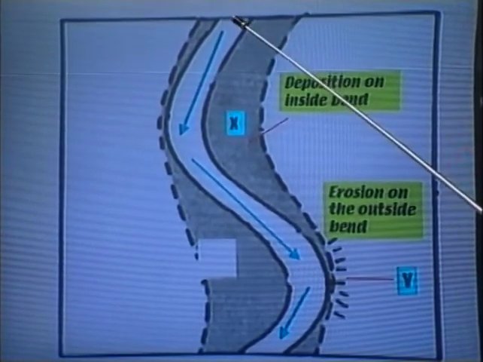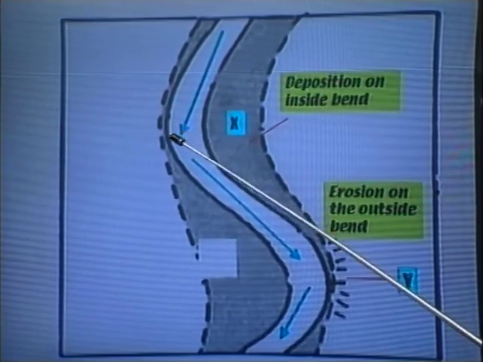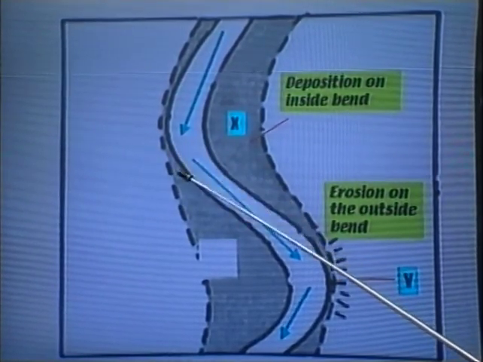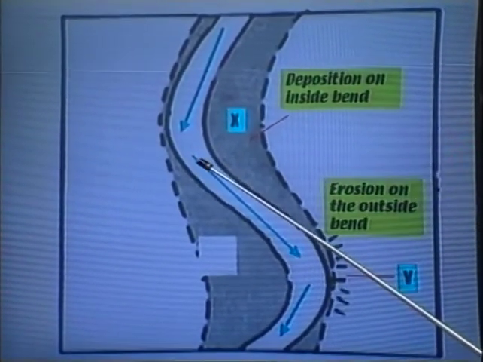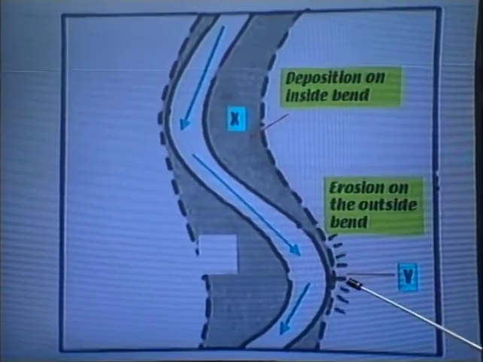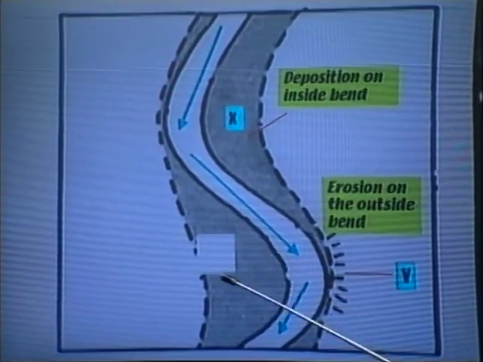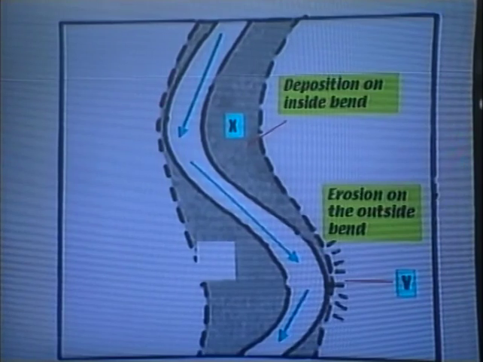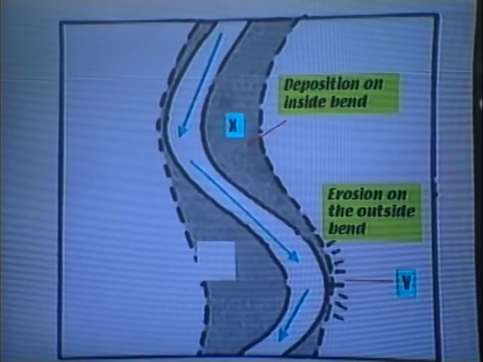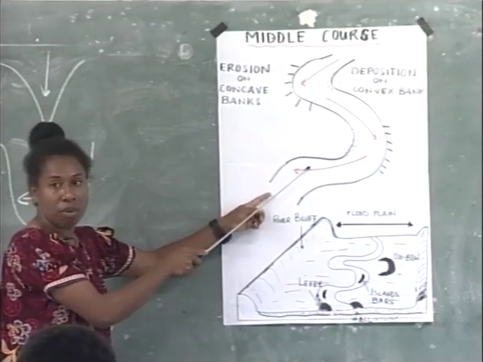Note the flow of the river. The flow of the river is cutting hard at this side. Erosion is dominant here, meanwhile inside, deposition, and that continues down following the flow of the river. This is similar to the explanation of what is on the chart.